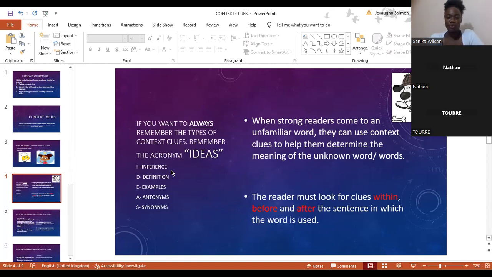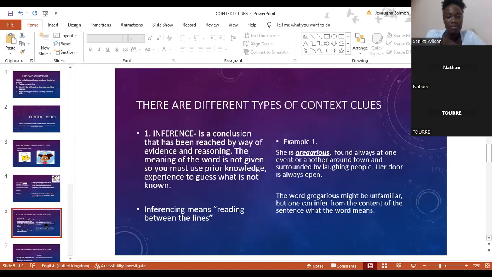All right, good. So the reader must look for clues within, before, and after the sentence in which the word is used. So the 5 types of context clues that we said before: the first one is inference. Inference is a conclusion that has been reached by way of evidence and reasoning, right?